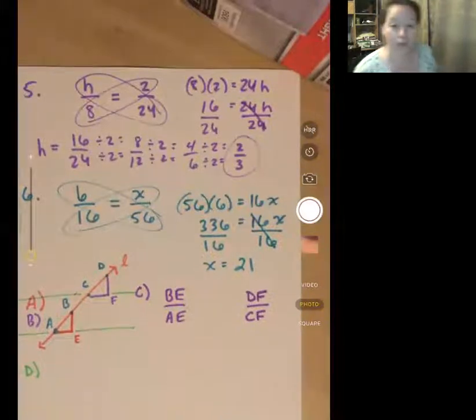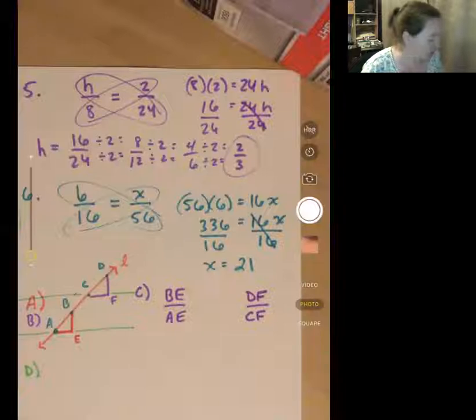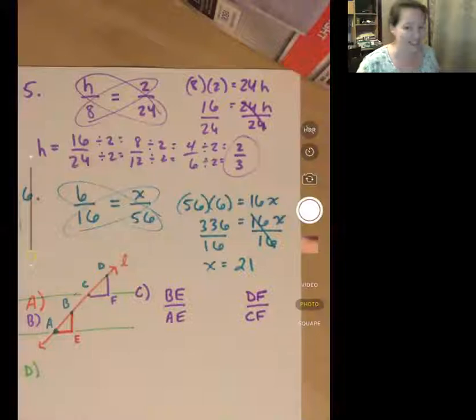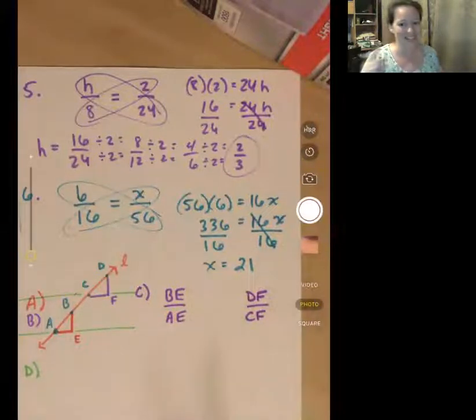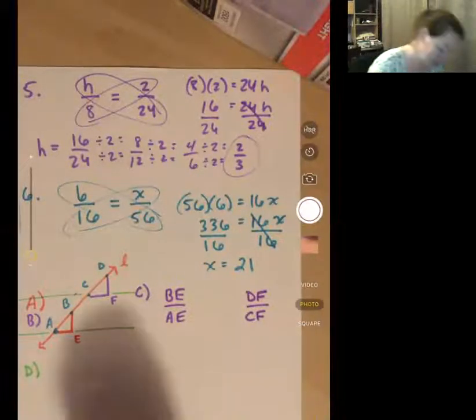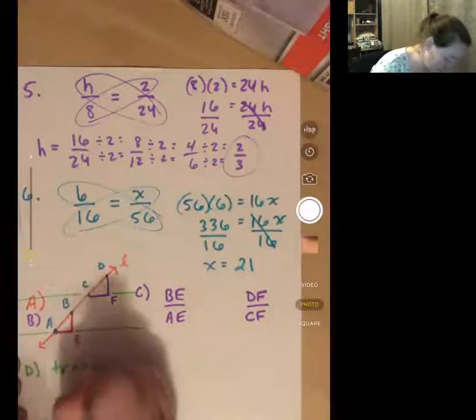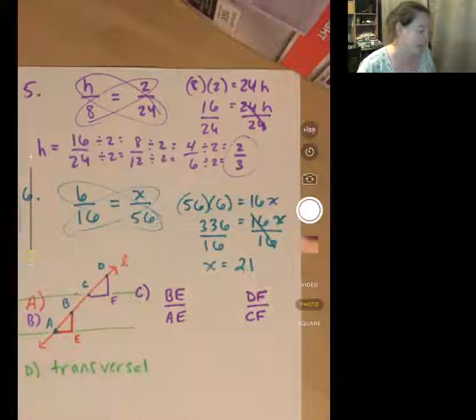Yep, they're both horizontal lines, completely horizontal lines. And so they are parallel, which means that line L is a, do you remember the word for a line that intersects two parallel lines? Transversal. Is a transversal that intersects parallel lines. Letter E.